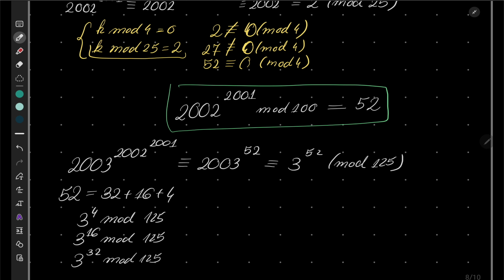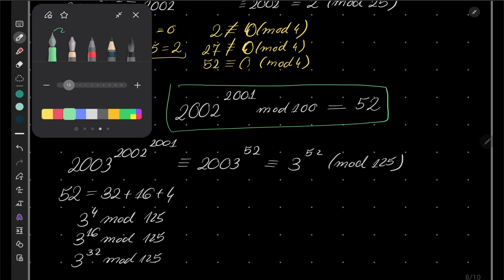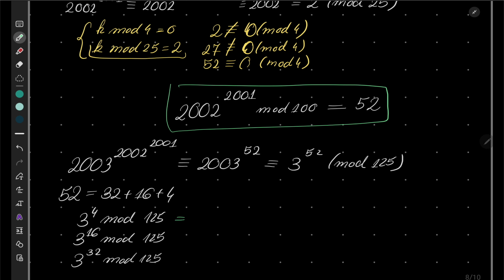It's pretty straightforward, also it's very boring. I will leave it as a simple exercise. The first number is 81, clearly. The second number after reduction modulo 125 will be 96, and the third number will be 91.